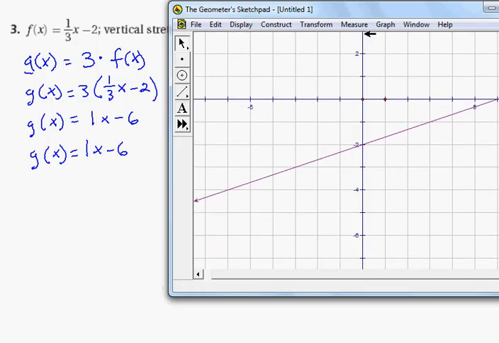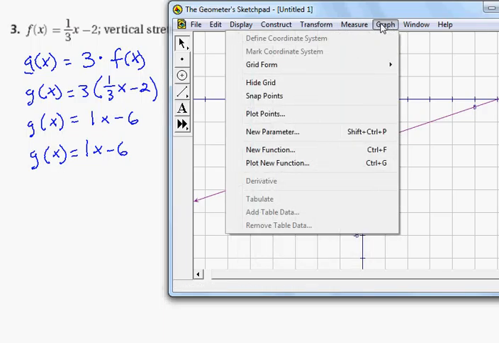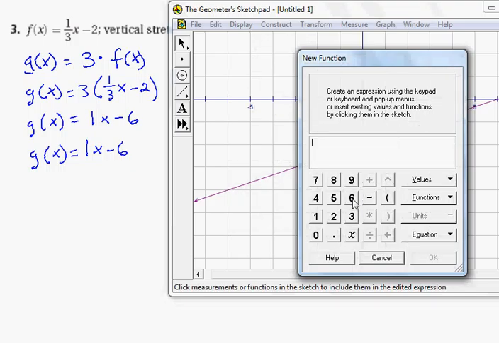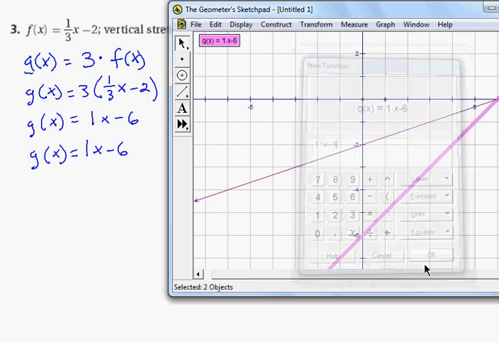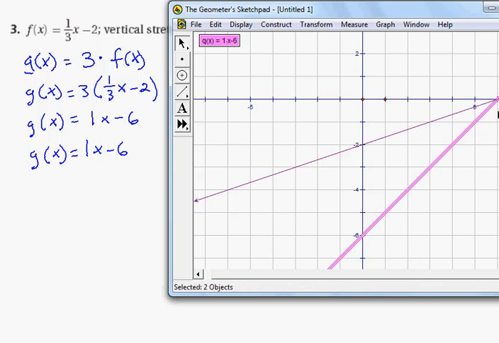So our new function then, plot the new function. This time we're going 1 times x minus 6. And there is our new function.